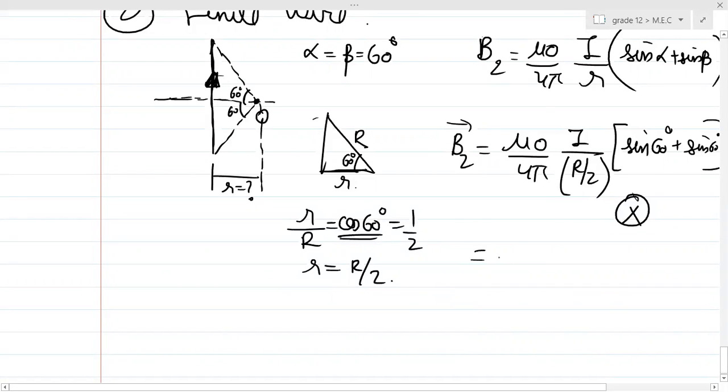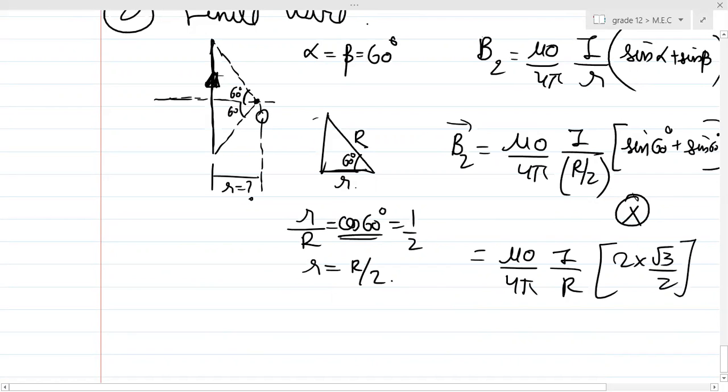So this will be equal to mu naught by 4 pi. This 2 I'll shift above, right? So I by R, into the brackets, twice of sine 60, which is root 3 by 2.